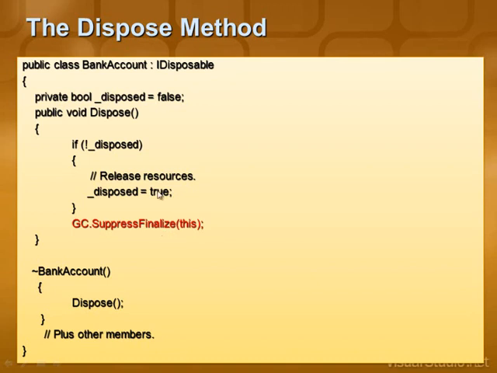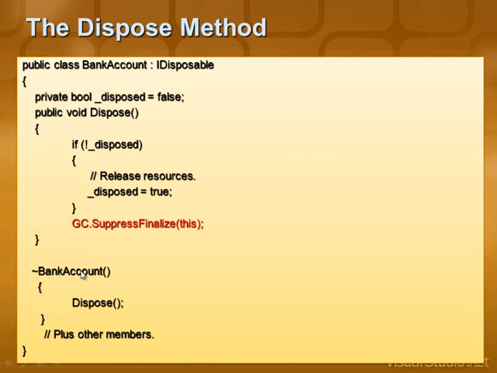Now remember, this method has to be called automatically by you. So what does that mean? By all means you must see to it that this method is called. One of the best places where you can put this call is in the destructor itself.